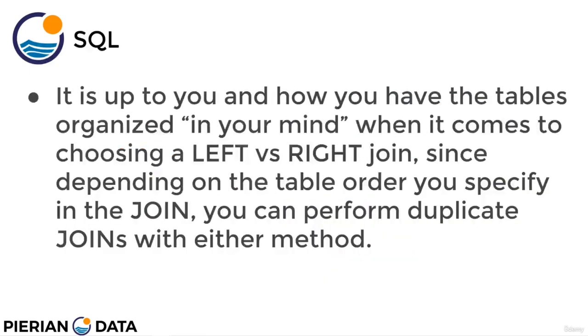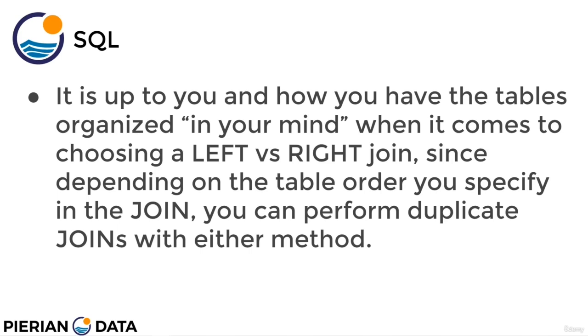Okay, so it's really up to you and how you have the tables organized, quote unquote, in your mind when it comes to choosing a left versus a right join. Depending on the table order you specify in the join, you could perform duplicate joins with either method. So if two tables can be joined and you can get results with a left outer join, you should be able to get the exact same results with a right outer join by switching the table order, depending on the exact query you're doing.